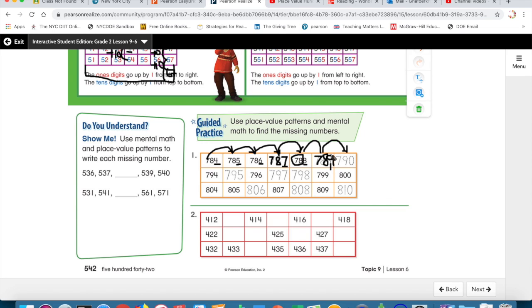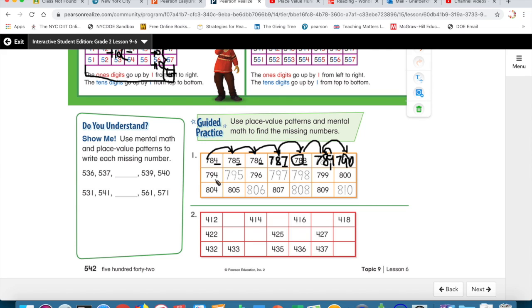And if we have a 10, we need to move that 10 over to the tens place, right? So now we have 790, because our 10 here needs to move over to the tens place. So this 8 changes into a 9, and now I have 0 ones left.